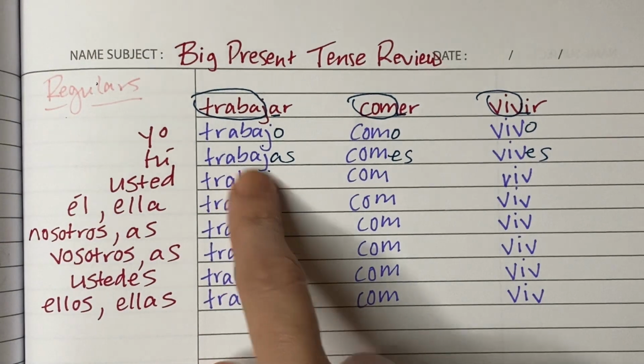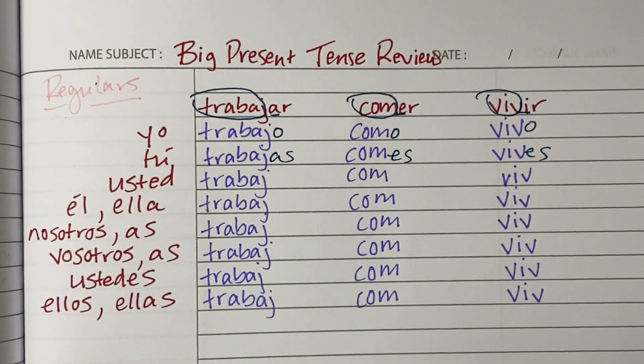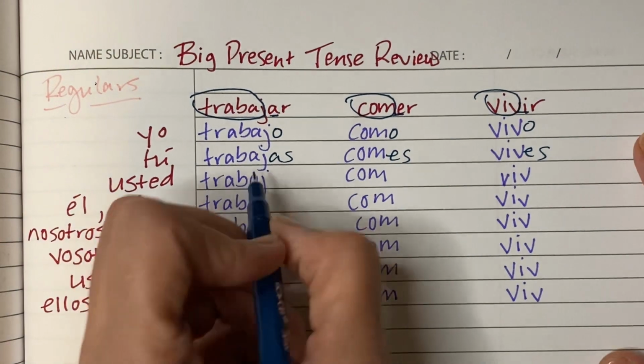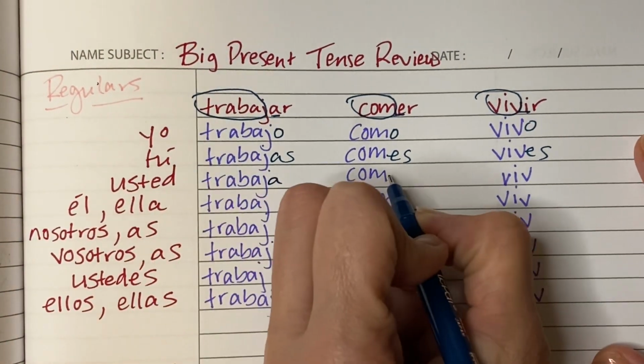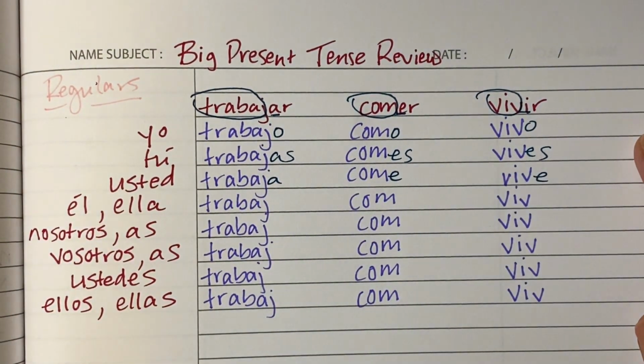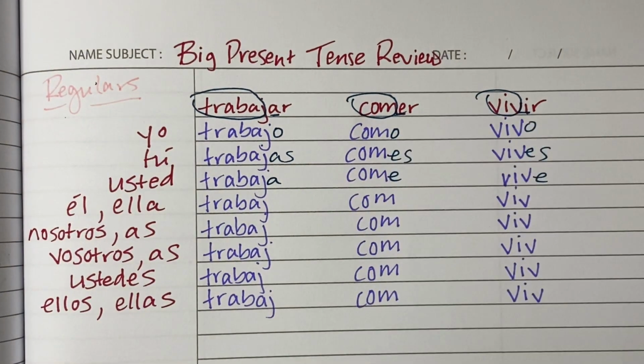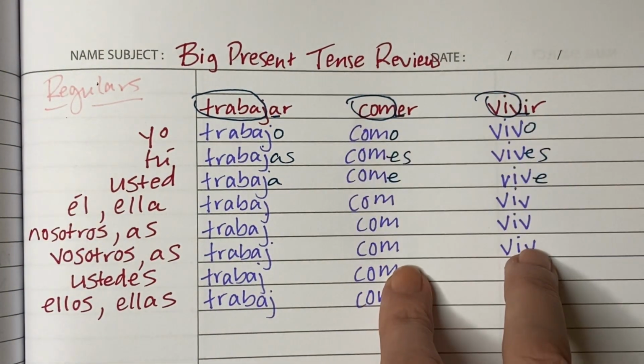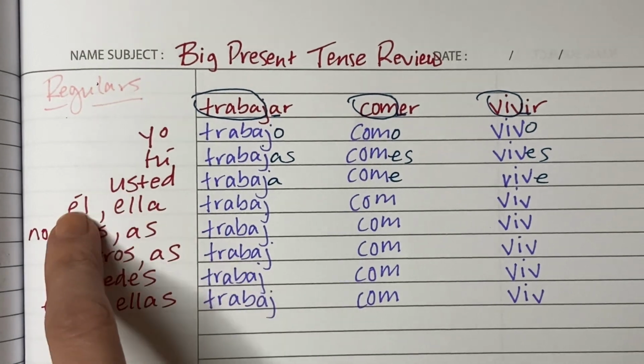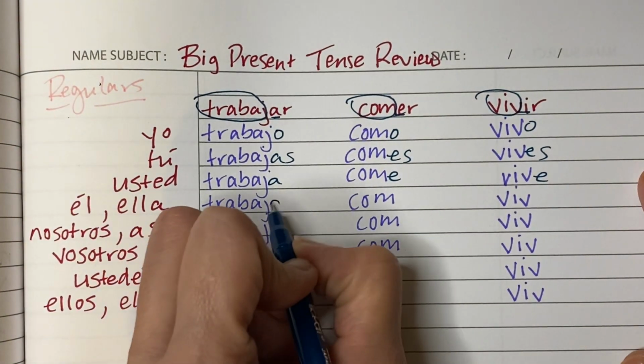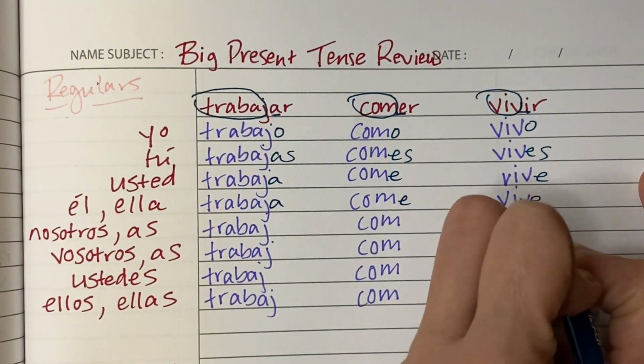Okay, tú trabajas, tú comes, tú vives. So usted, you, but formally, usted trabaja, come, vive. So far, you can see ER and IR are the same set of endings, which is nice. Él or ella, he or she, trabaja, come, vive.